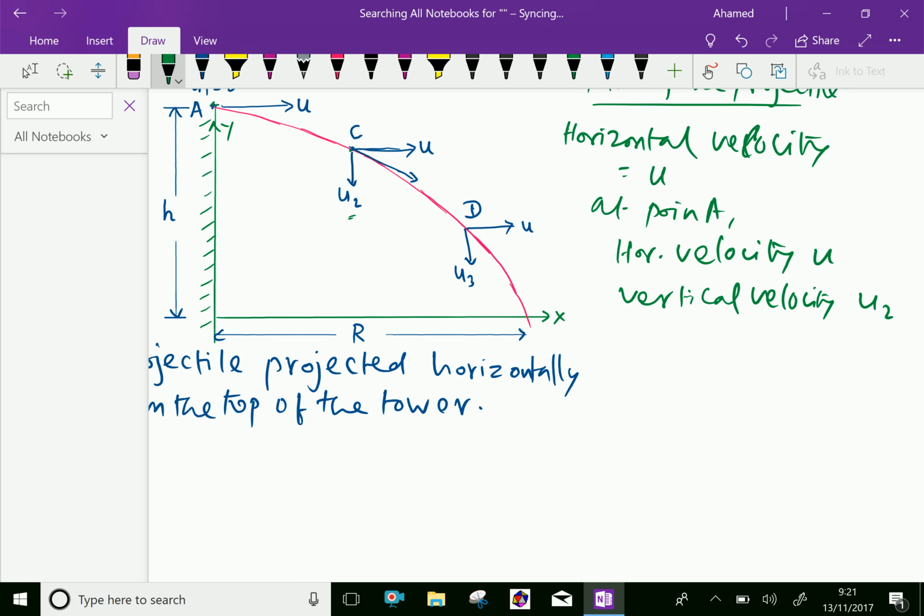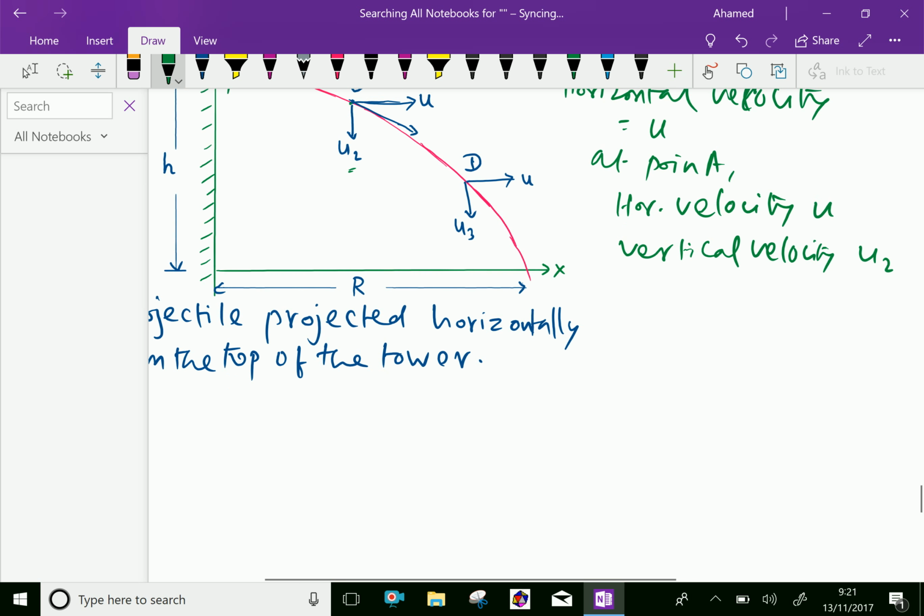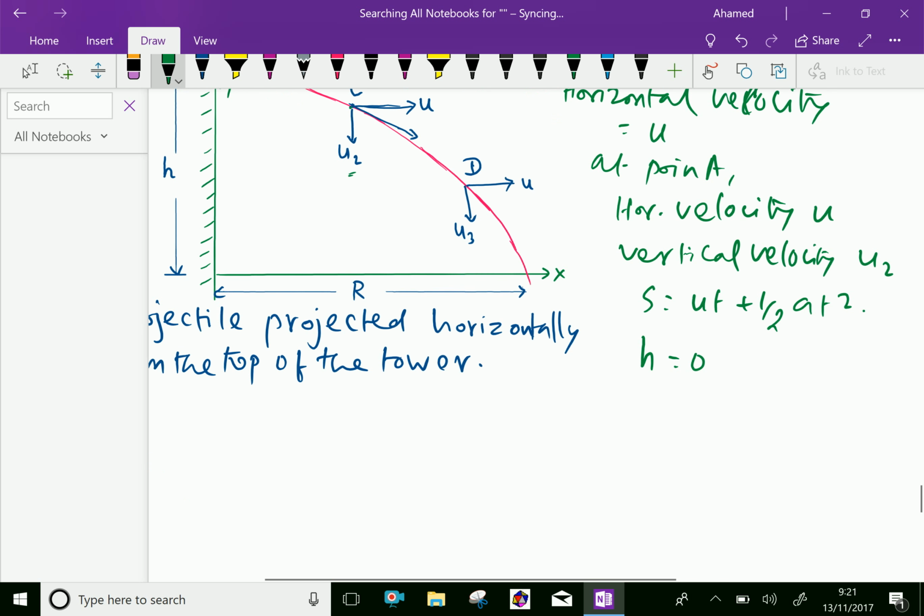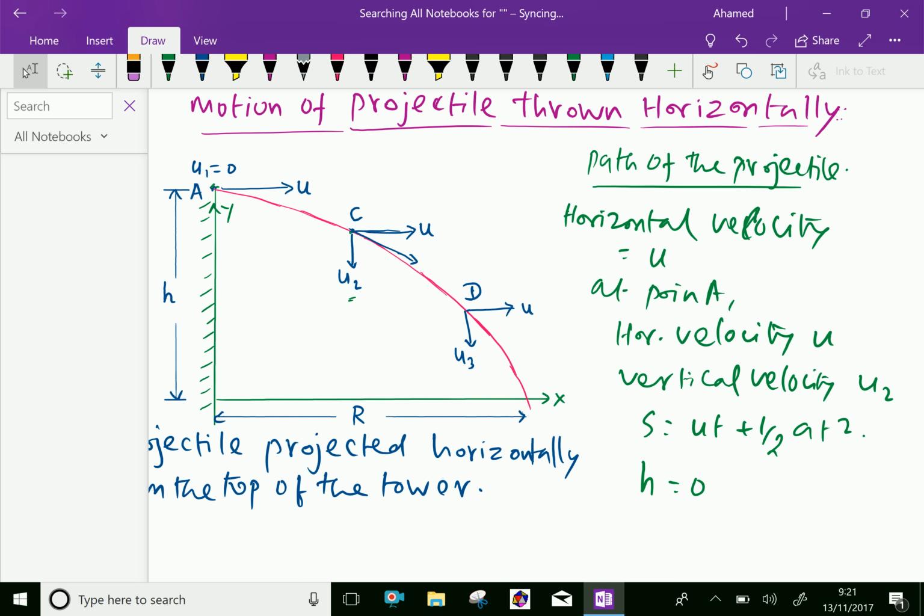Now by the equation of motion, we know that s equals ut plus half at square. At point A, s equals h, and u is 0 because it has no vertical velocity at the initial point.